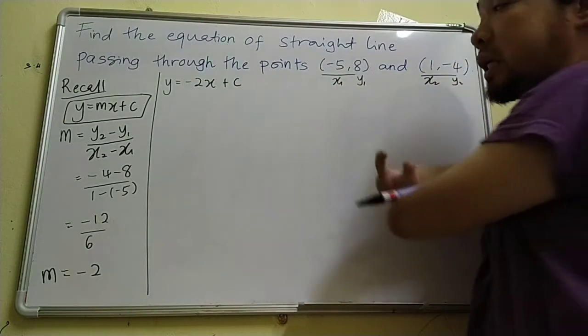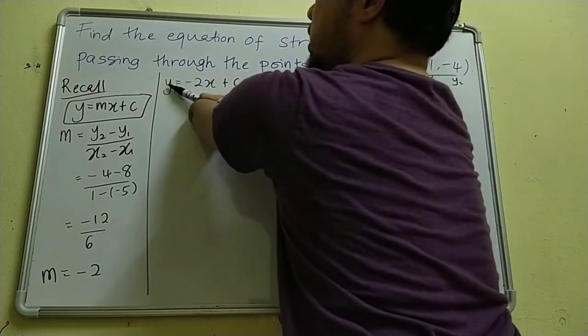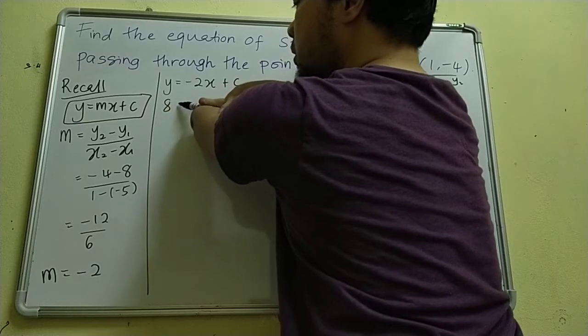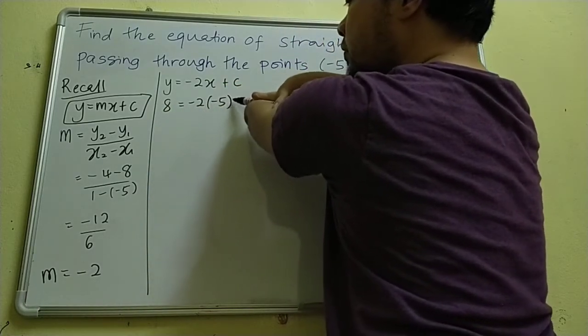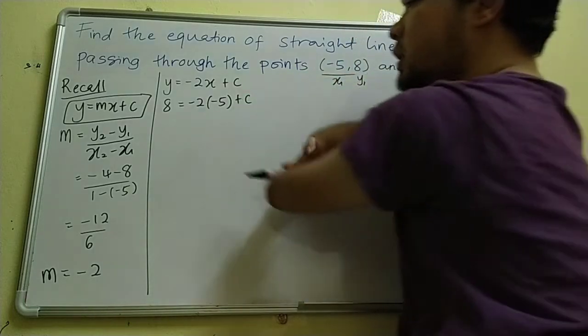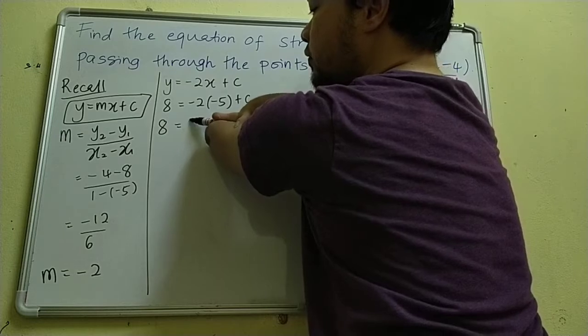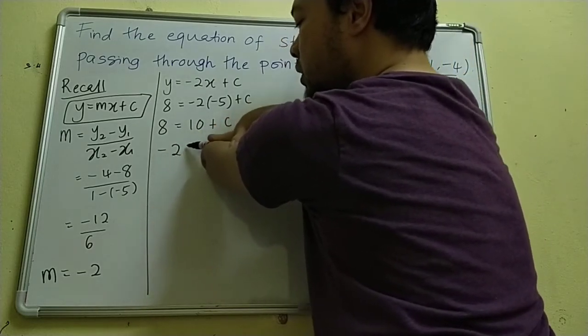You can choose any. Let's say we take (-5, 8). We substitute: y is 8, so 8 = -2 multiplied by -5, which is 10, plus c. So c is equal to -2.